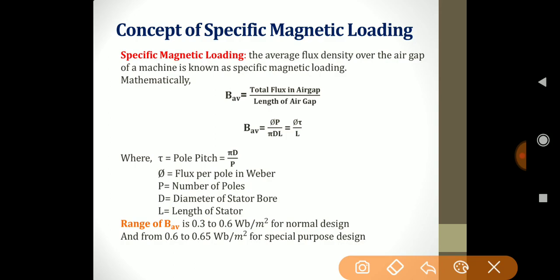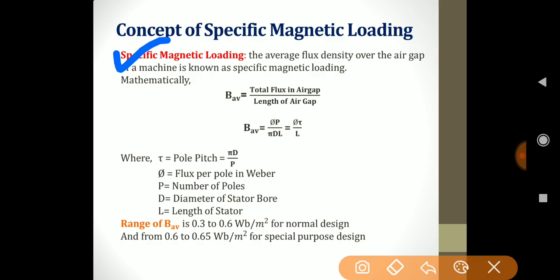That magnetic field is represented here in terms of specific magnetic loading, and it is the average flux density over the air gap of the machine. This is the basic definition. Specifically, we are considering the flux density present in the air gap, and this flux density plays a vital role in the working of any induction motor.